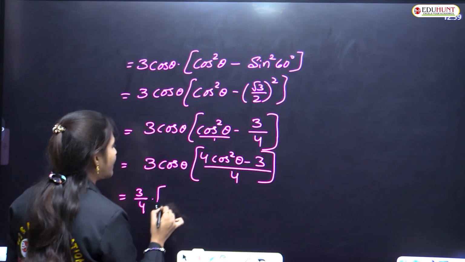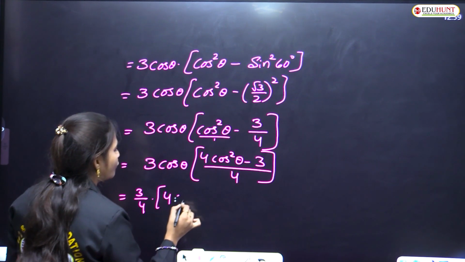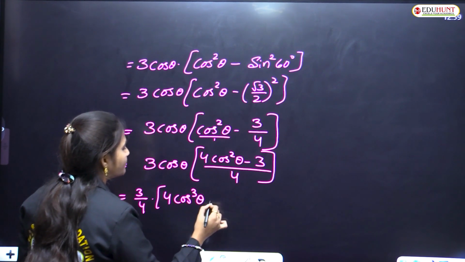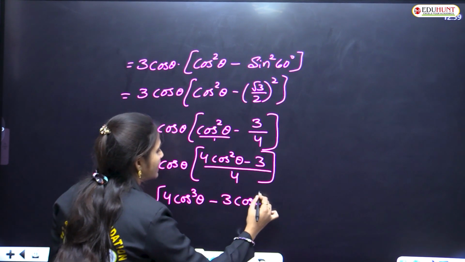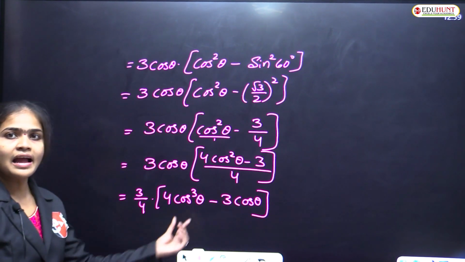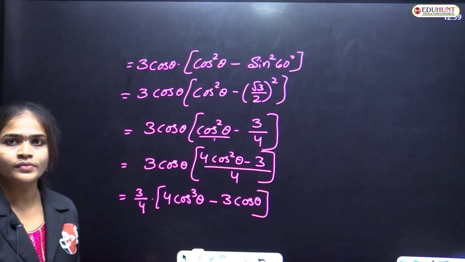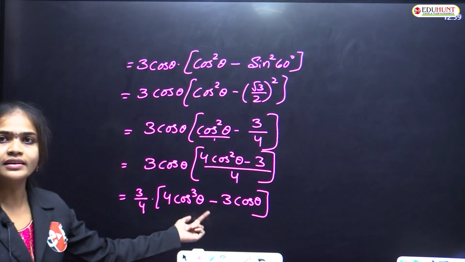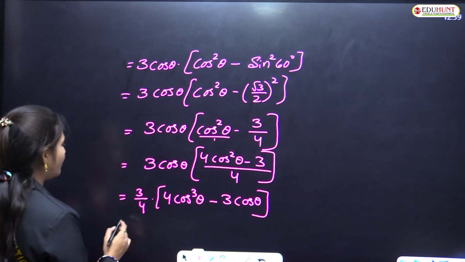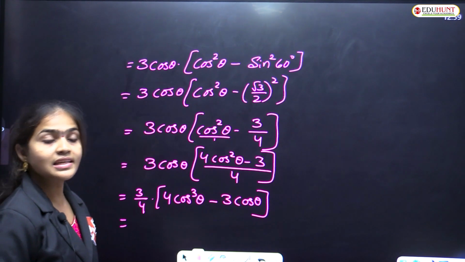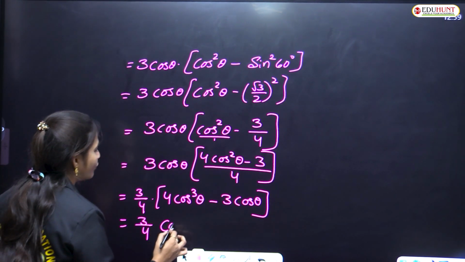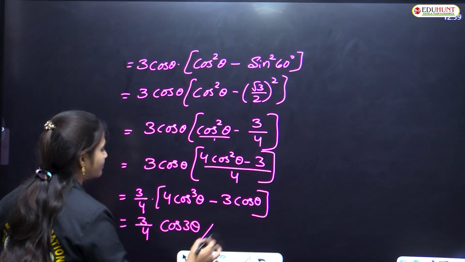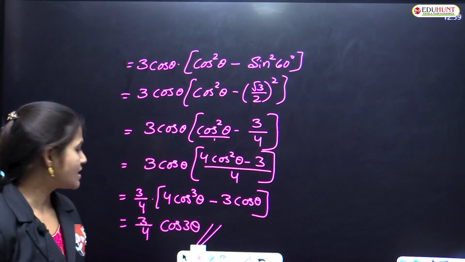Just take the product: 4 cos cube theta minus 3 cos theta. Children, have you seen this formula anywhere? Yes, this is the cos 3 theta formula: 4 cos cube theta minus 3 cos theta. So it equals 3 by 4 cos 3 theta.